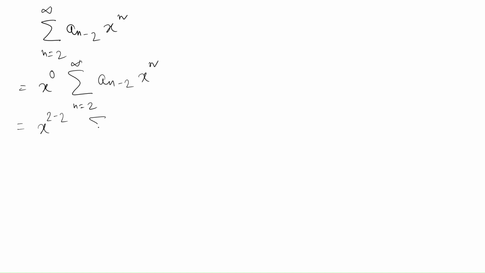Sum n equals 2 to infinity a_{n-2} x to the power n. There is nothing, we can take it as x to the power 0, sum n equals 2 to infinity a_{n-2} x^n. x to the power 0 can be written as x^2 times x^{-2}, sum n equals 2 to infinity a_{n-2} x^n.